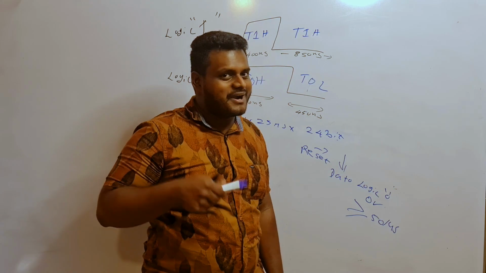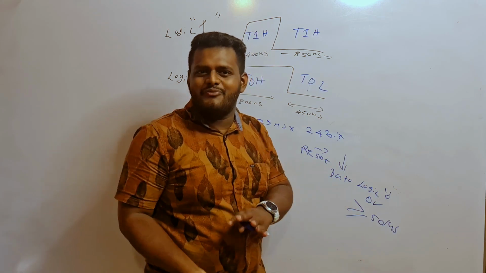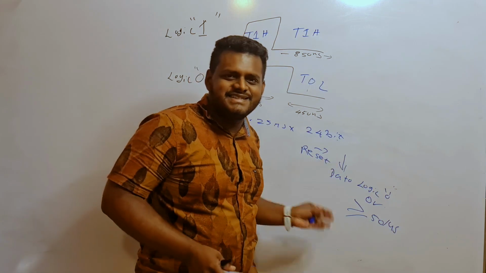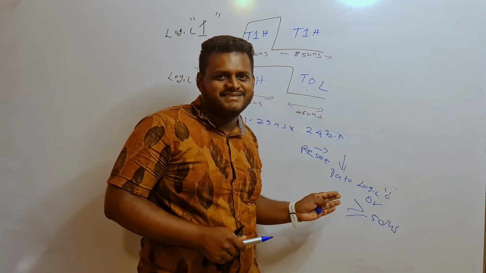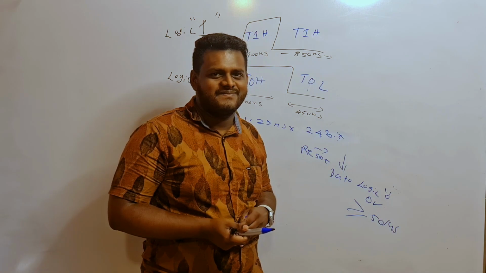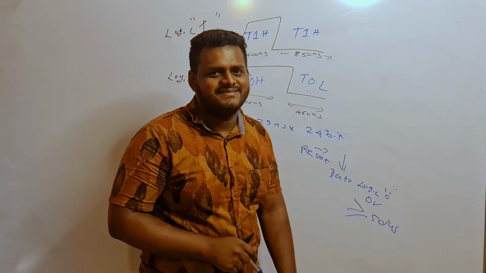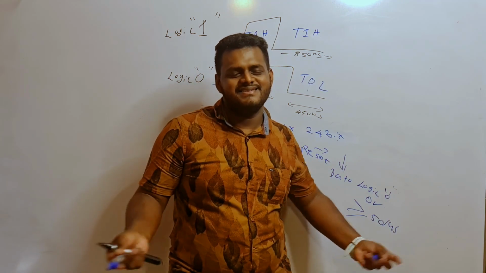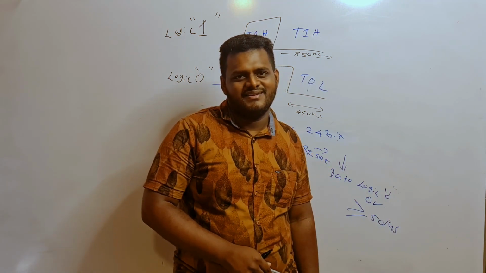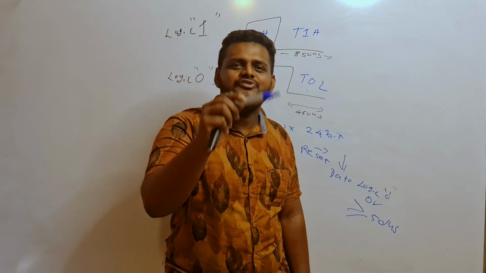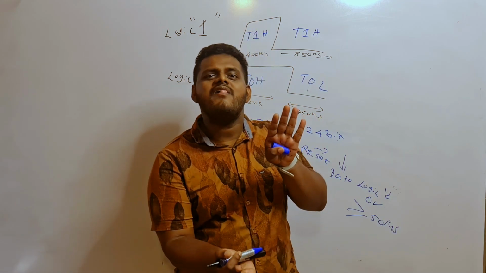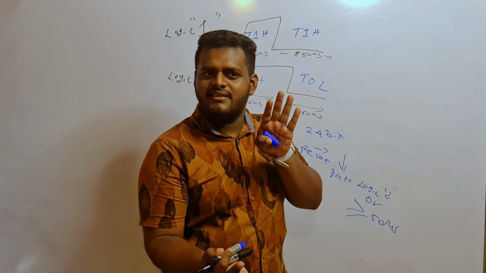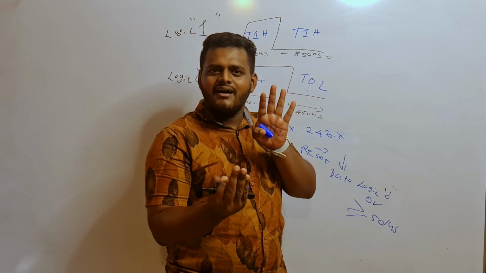Then what is the opposite one? This is for resetting. What is the opposite one? Yes, you're right, then use it. Just simply use it. How can you hold the data? Don't put anything, don't light up anything.